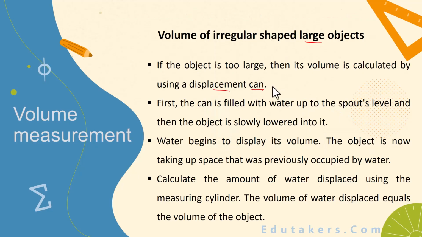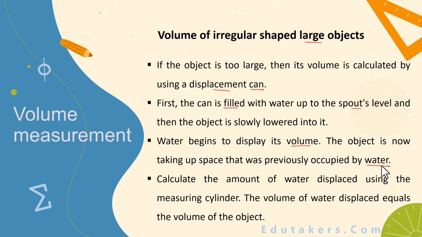Same steps are given here. First, the can is filled with water up to the spout level, and then the object is slowly lowered into it. Water begins to displace its volume. The object is now taking up the space that was previously occupied by the water. Actually, when you lower the object into it, the level of the water will rise up.